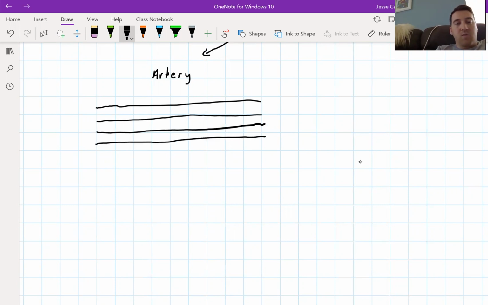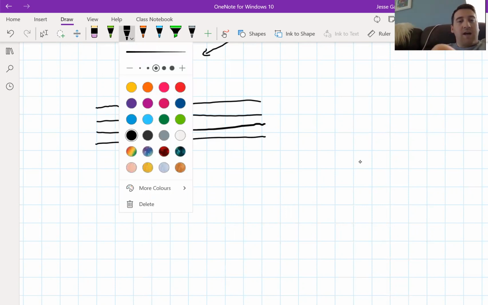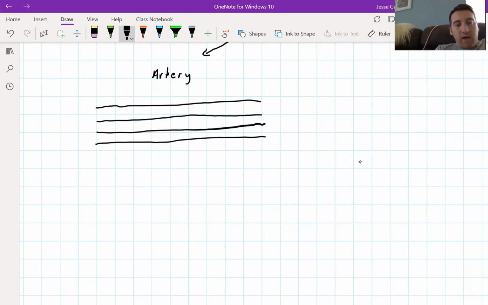I'm going to shade in the walls with little lines to show that this is muscle tissue. It's made of these layers of fibers. There's muscle on the top, and then there's muscle on the bottom. And in the middle is the space where the blood flows through. So in here, the blood flows through here.